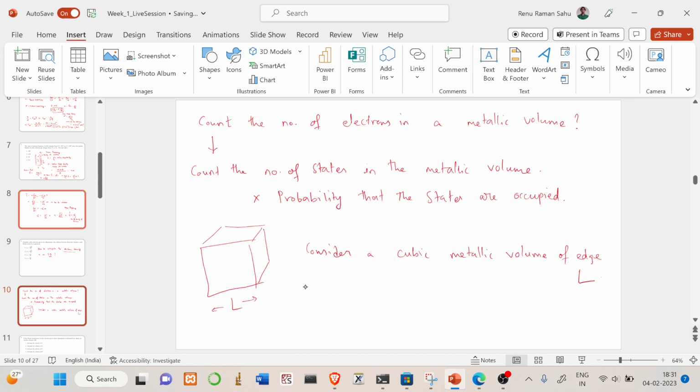So the electrons are free in the metallic volume.